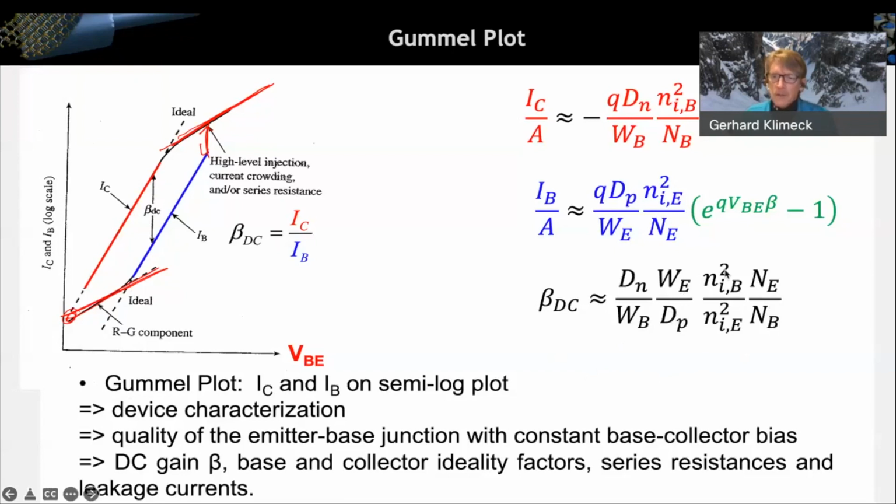You have the intrinsic carrier densities in the base and the emitter, and you have the doping in the emitter and in the base. So we can walk students through or give them some exercises to look at realistic IV characteristics of these transistors and see how one can improve beta and some of the pitfalls that you might encounter.